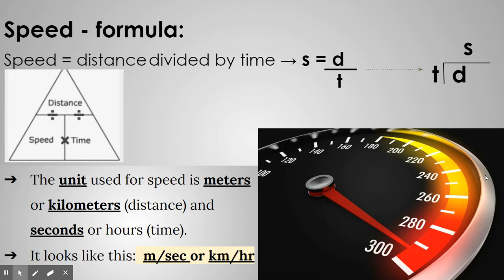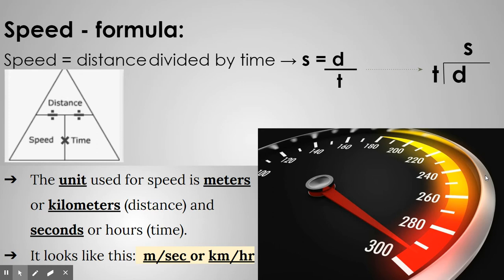So if you are given a word problem that tells you the speed and the time, and you have to calculate the distance, you know you're going to have to multiply the speed times the time to get the distance. If you're given a distance and you're given the speed or the time, you know you'll have to divide to find the other. So this triangle is a really helpful way for you to solve problems related to speed, distance, and time. Okay, so write that in the formula section of your notes.